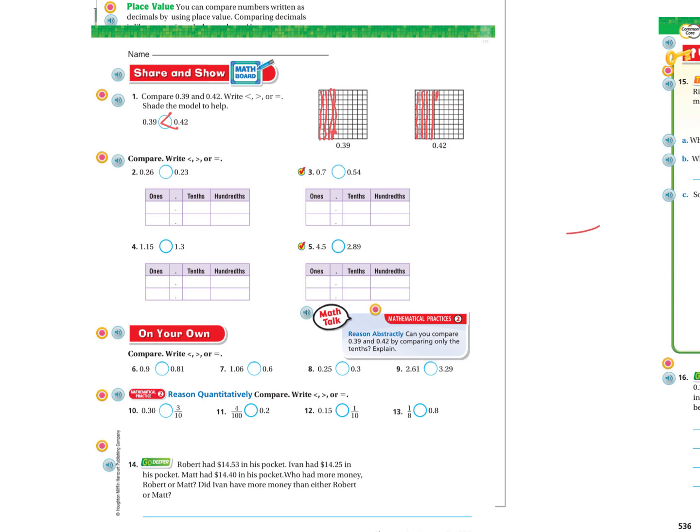All right, so these place value charts are going to help us a lot. We'll go ahead and do number 2 again. So let's write 0 and 26/100ths. Okay, everyone's with me there? Okay, and then we're going to write 0 and 20/100ths. Okay, so let's start at the highest value, which is what place value?